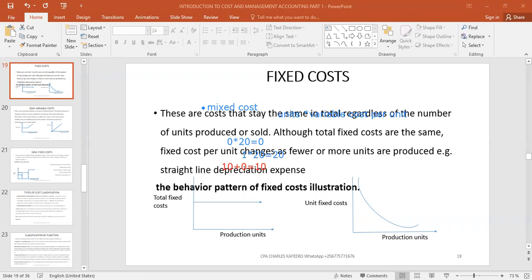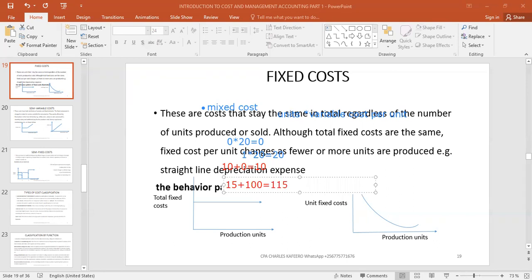But for the total cost, when you add the fixed cost in these 5 kilograms of output, it will be the 15 plus our new variable cost, which is 100,000, which gives us 115 shillings.